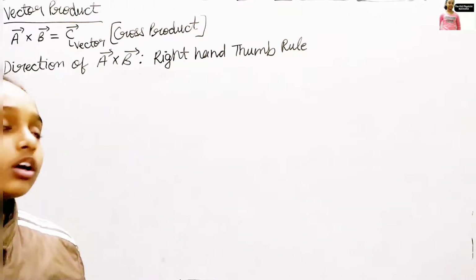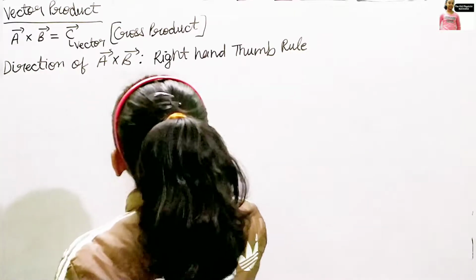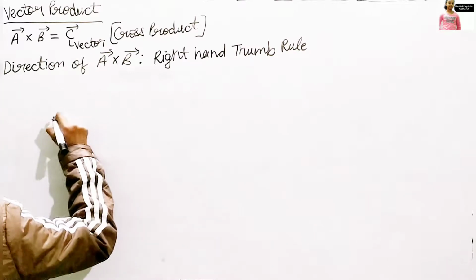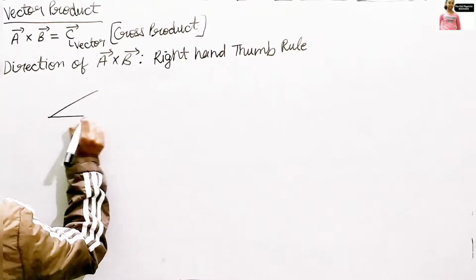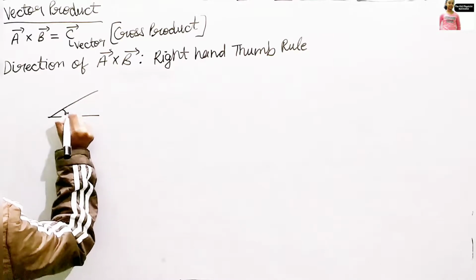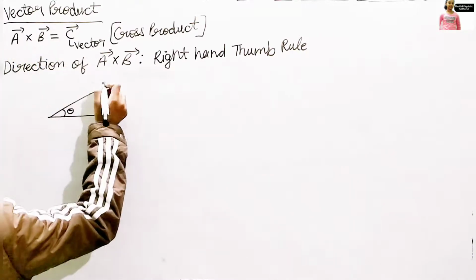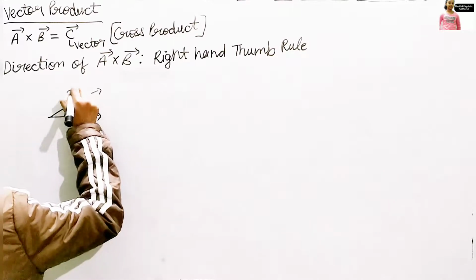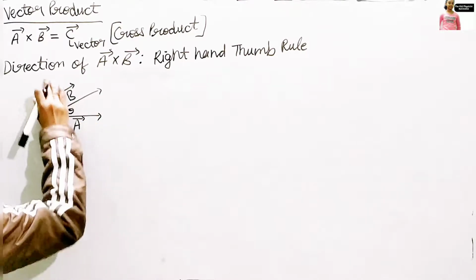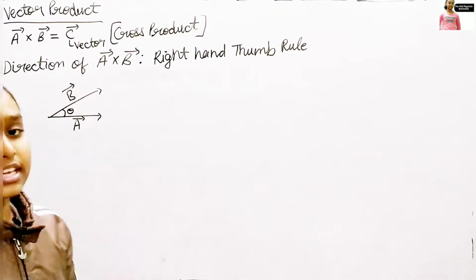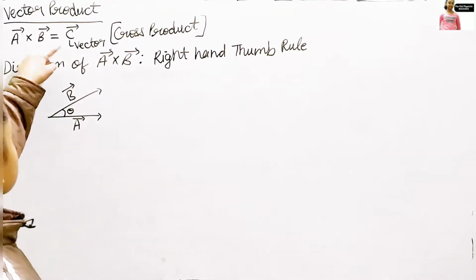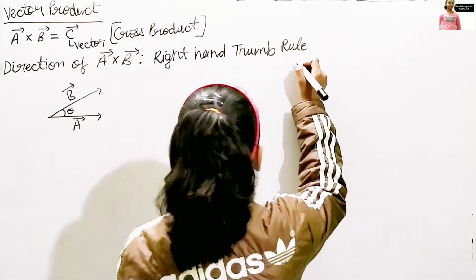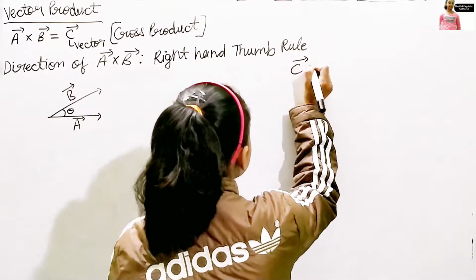Let me draw a figure, because we are finding the direction of A cross B. This is vector A, this is vector B, and think about where vector C will be.